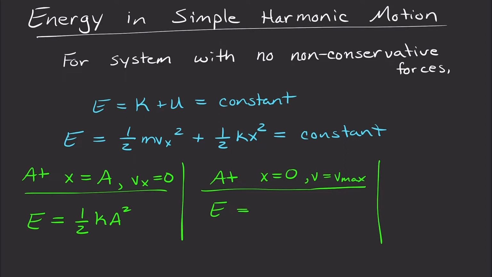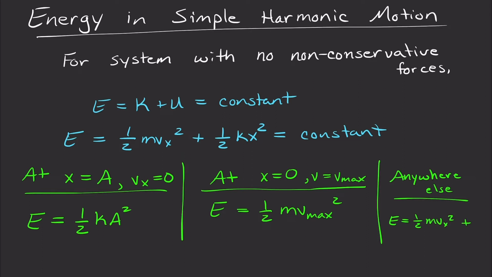At x equals 0, the potential energy term goes away, and all of our energy is kinetic energy, so the velocity is maximum. And then anywhere else, when we were halfway in between on either side, the spring was a little bit compressed or a little bit stretched, and we were also moving.